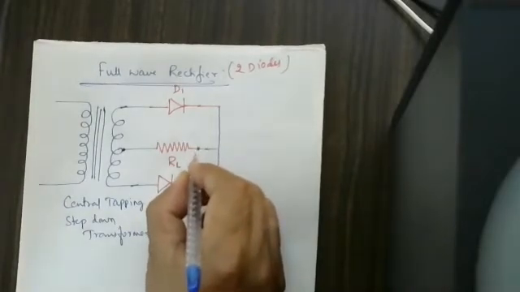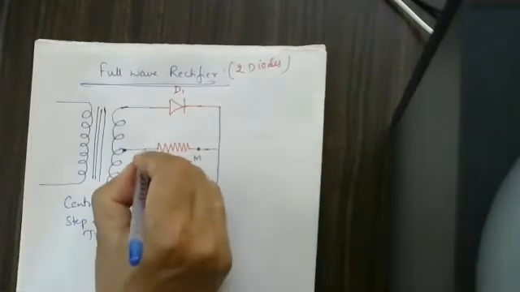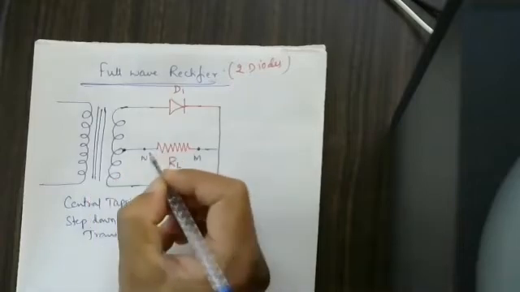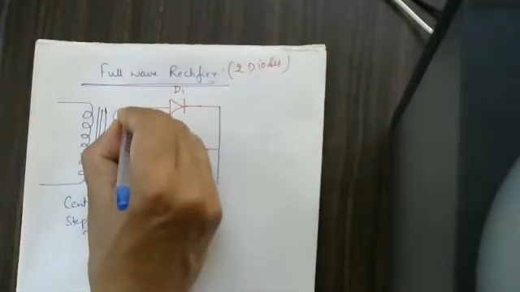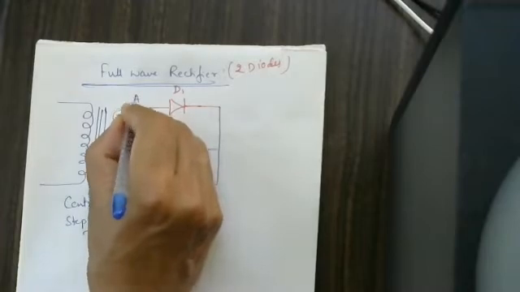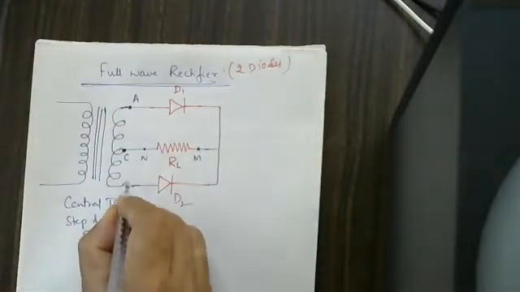For our reference, for our study purpose, I will take this one as M point, this one as N point. This point I will take as C point, this point as A point, and this point as B point.